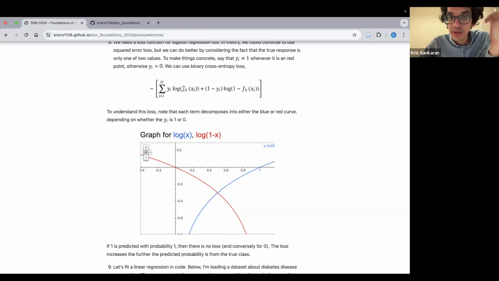We had given it a probability of like 0.1 of being class 1. In that case, you would look at the log of 0.1. The 0.1 is going to be down here, right? So my loss function is going to be whatever that value way down here is. You take the negative sign, so you flip that over, that's going to be your loss. So if you had thought that there's only a 0.1 chance of it being class 1, you get a pretty high penalty.